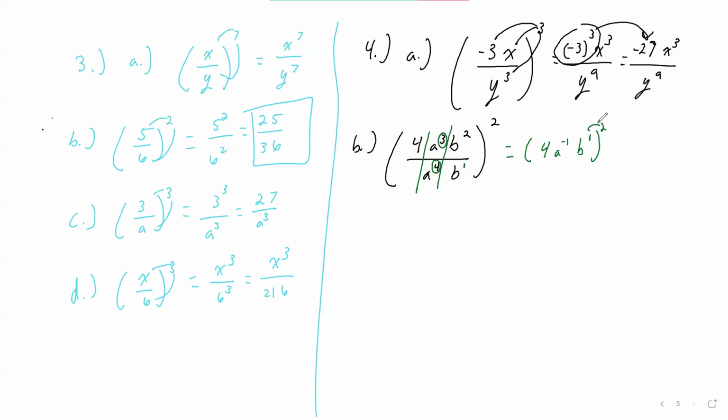So now when I go through this, I get 4 to the second power. And then I get a, what's negative 1 times 2? Negative 2. Oh, okay, that's perfect. You can go as fast as you want. I'll catch up eventually.